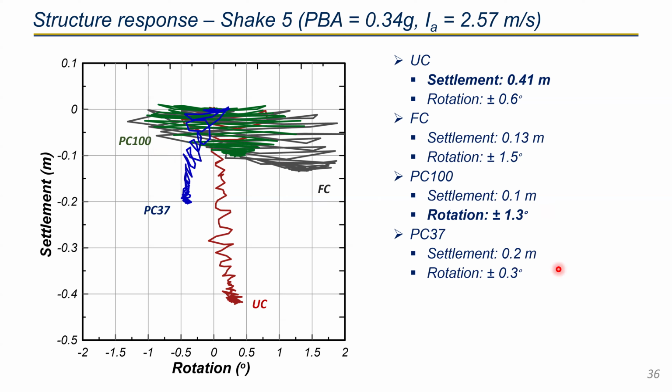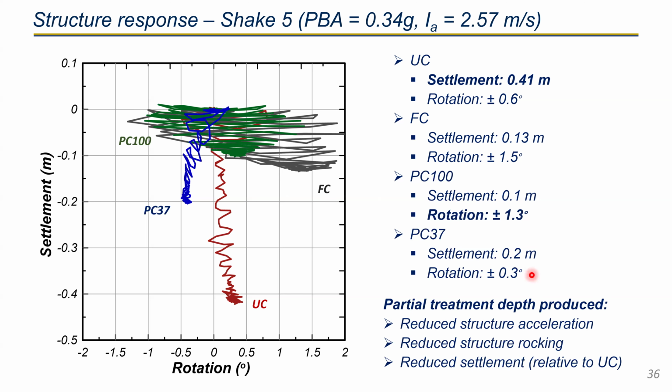It settled 0.2 meter, but it rotated only 0.3 degree. So from the results here, we found that the partial treatment produced reduced structure acceleration as well as reduced structure rocking and settlement.